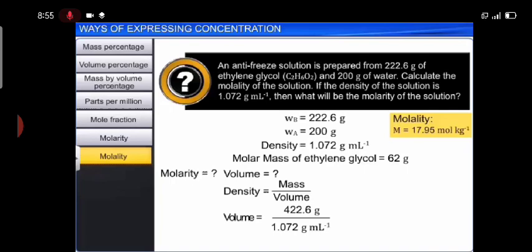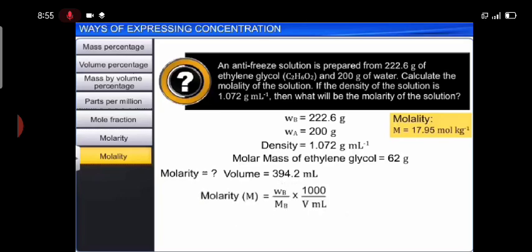Now substitute this value of V in the expression for molarity. Therefore, M is equal to 222.6 divided by 62, multiplied by 1000 divided by 394.2. On solving, we get M is equal to 9.1 moles per liter.